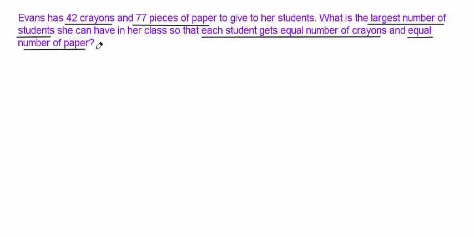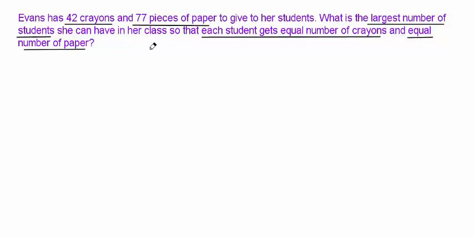And let me also add that so that there's no crayon or paper left over in the end, which means you have to have a certain number of students who can share the 42 crayons evenly without any leftover, and also the 77 pieces of paper evenly without any leftover.